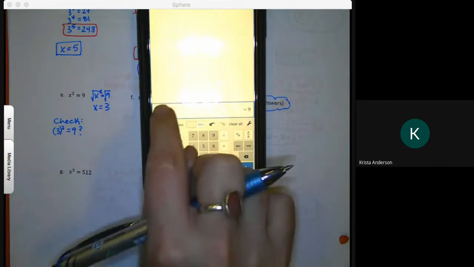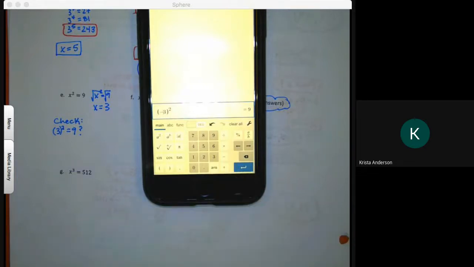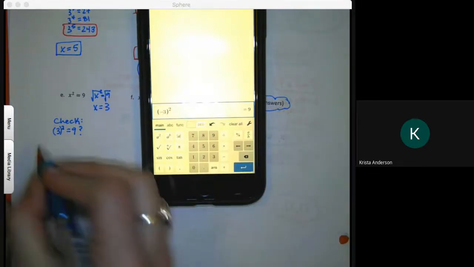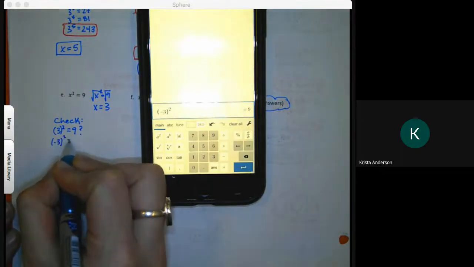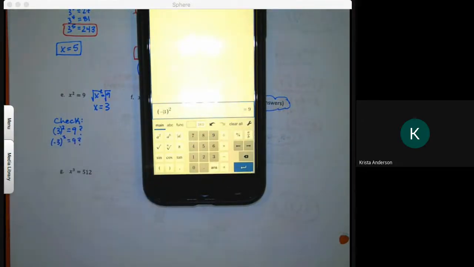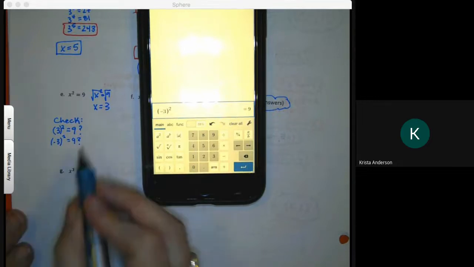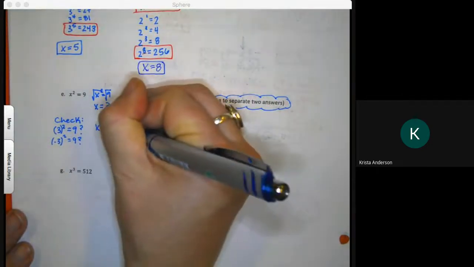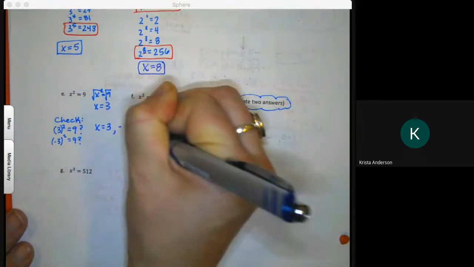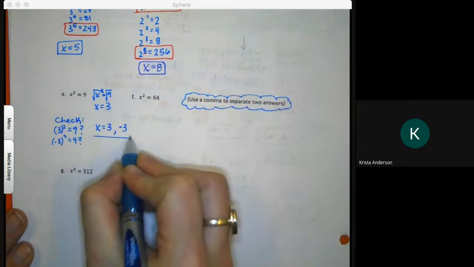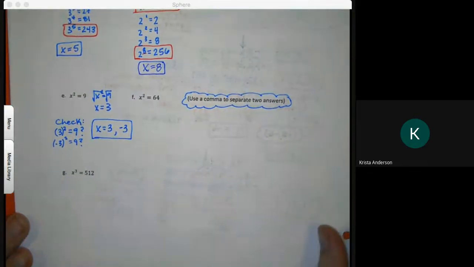What if I make it a negative 3? Does it still equal a 9? Because when I have two negatives, negative 3 times negative 3, they cancel out and become a positive. That is why on this section, my answer will be 3 and negative 3 for my solution.